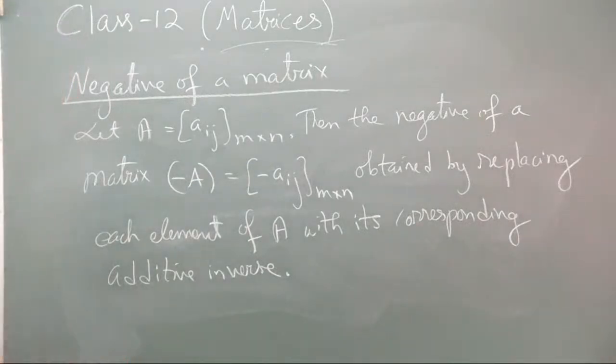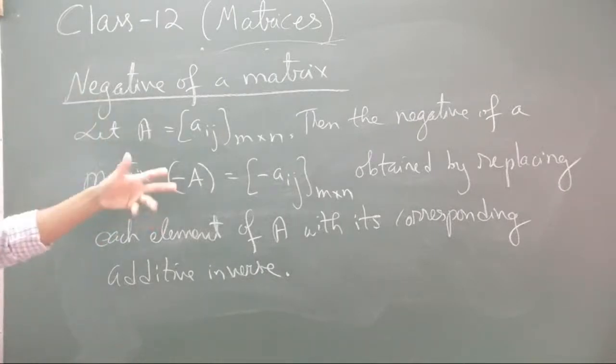So negative of a matrix is nothing but minus of A. If A is a matrix, then minus of A is the negative of a matrix.